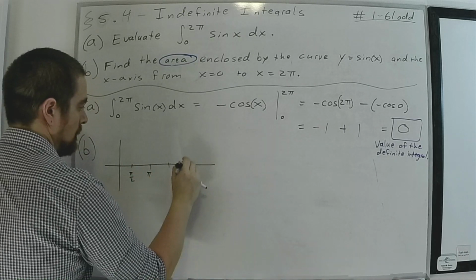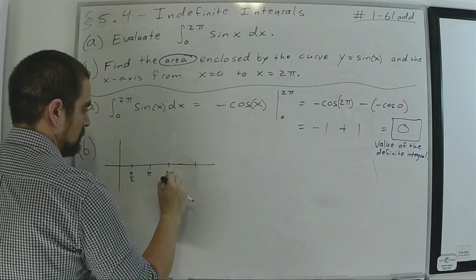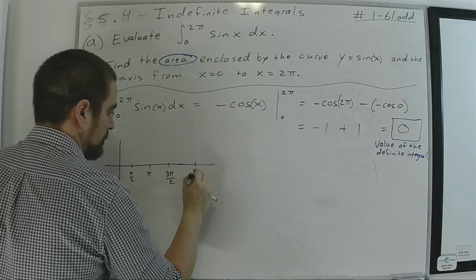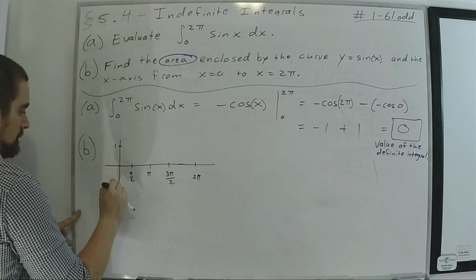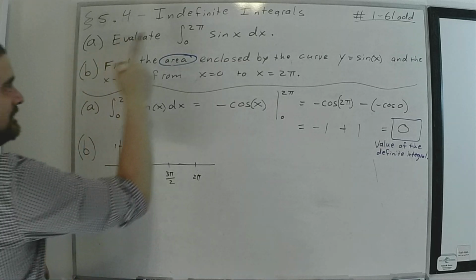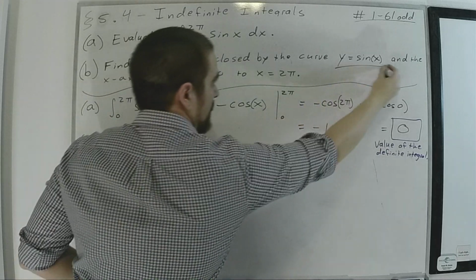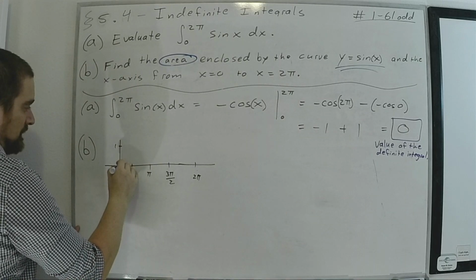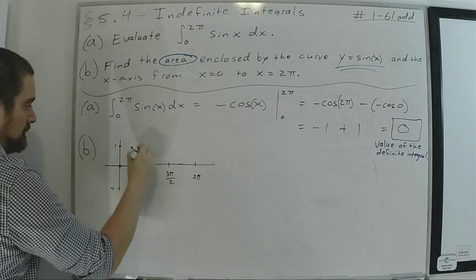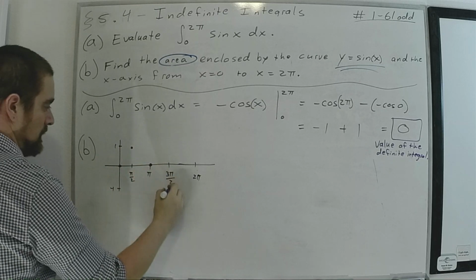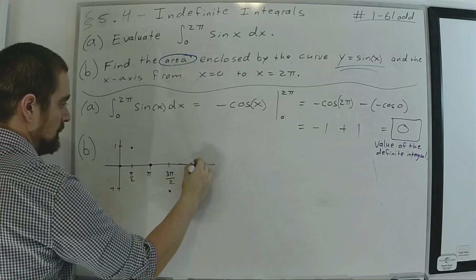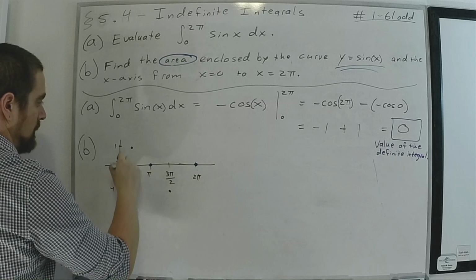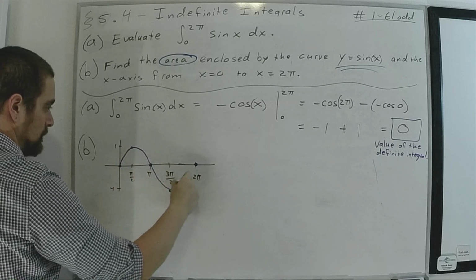Let's extend that. 3 pi over 2, 2 pi. And this will be 1, and this will be negative 1. I'm going to graph this sine function, y equals sine of x. It starts at 0. It comes up, hits 1 at pi over 2. It's 0 again at pi. It's negative 1 at 3 pi over 2. Goes back to 0 at 2 pi. We get this really nice sine curve.